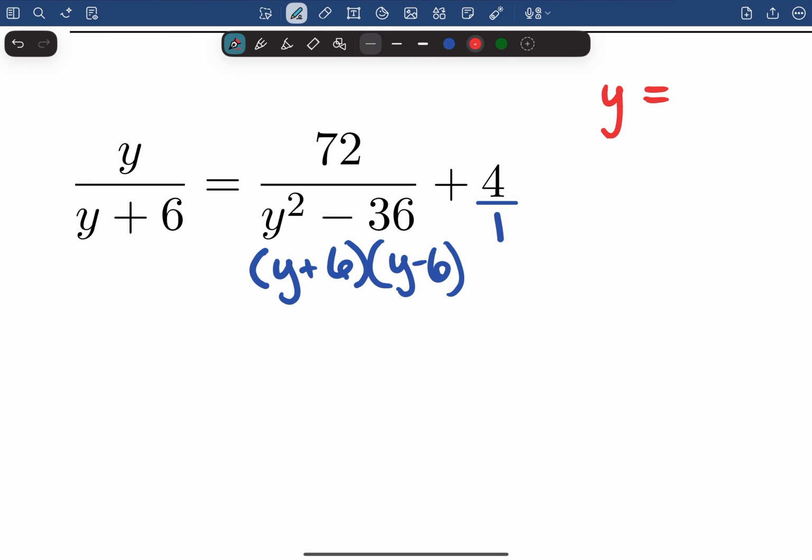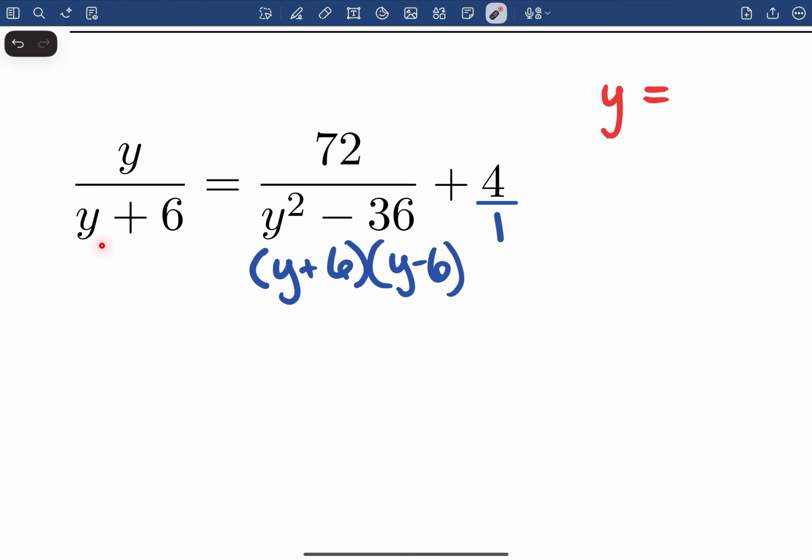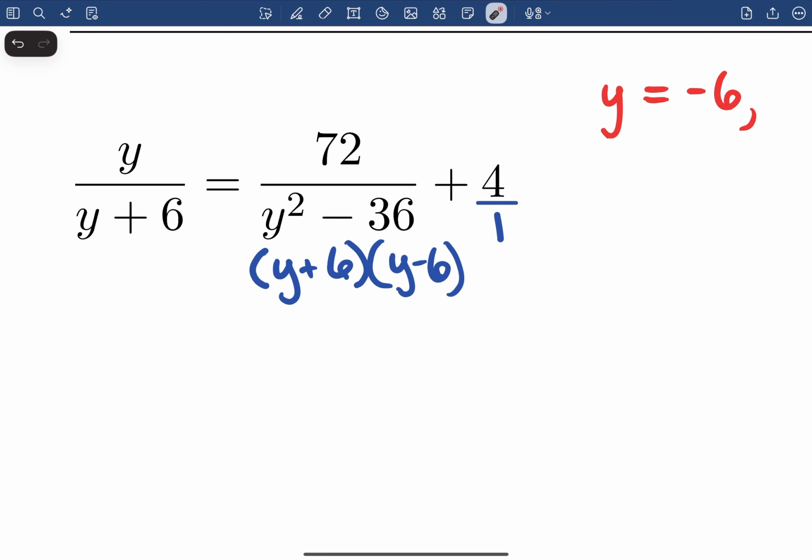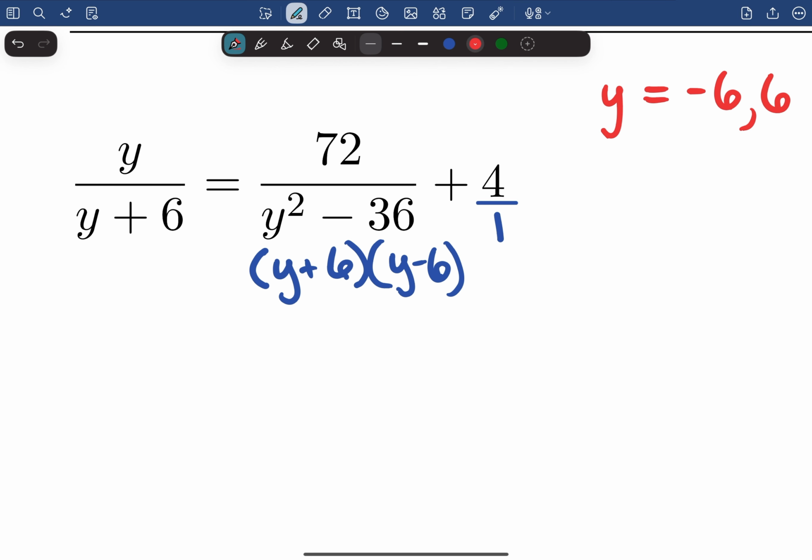Y cannot be, well, negative 6, right? Because negative 6 plus 6 would be 0. This denominator would become 0. Can't be negative 6. And it can't be positive 6 because positive 6 minus 6 is 0. And so that would cause this thing to be 0, and 0 times this is just 0. Okay, so these are the values that y cannot be.